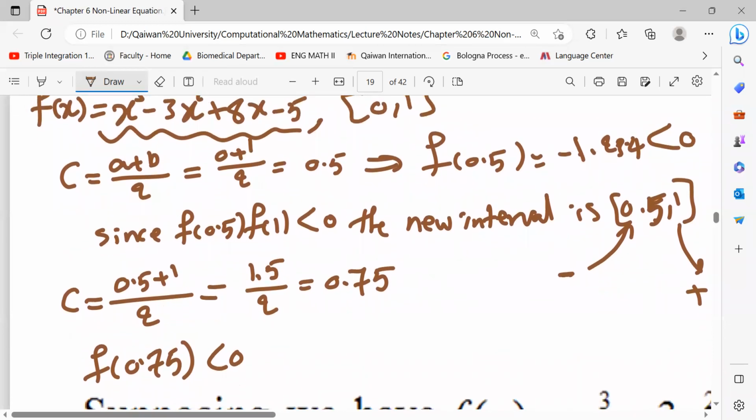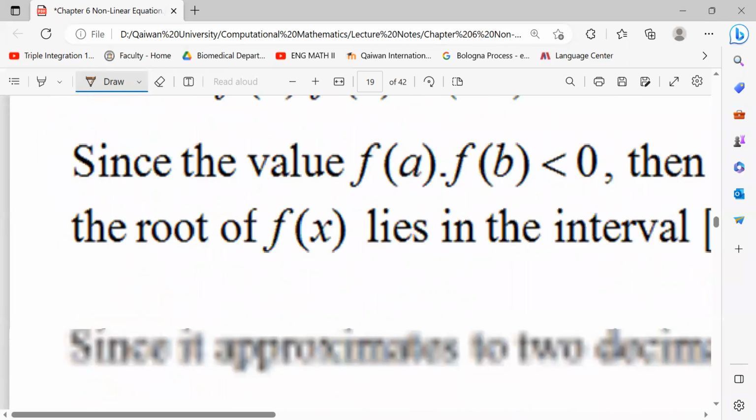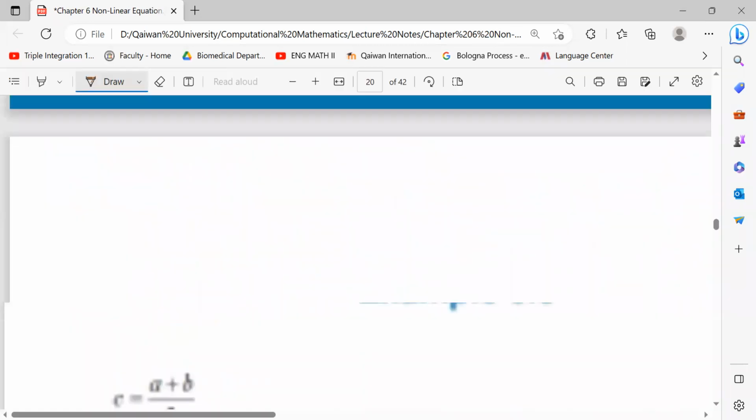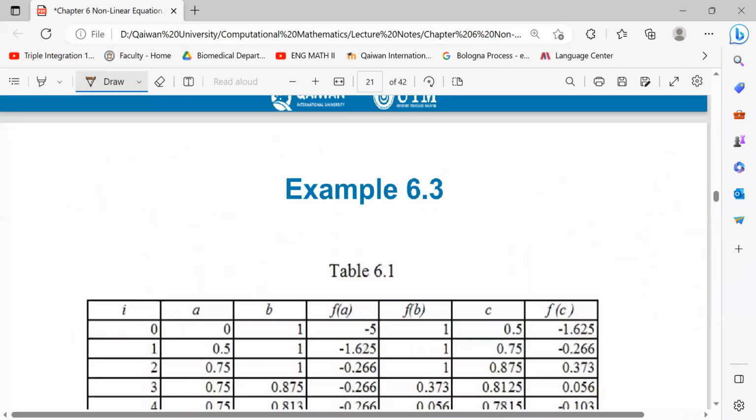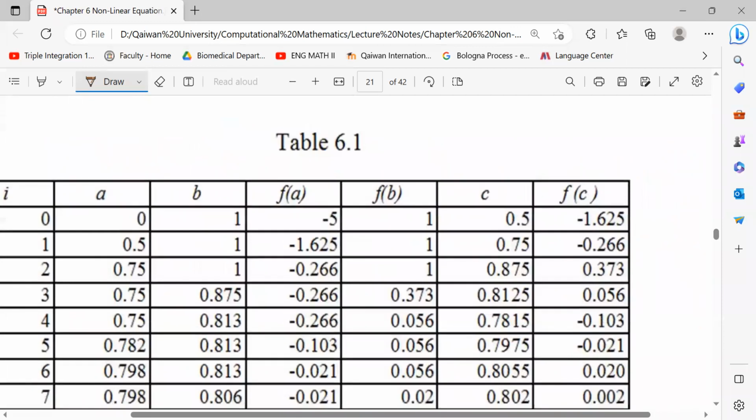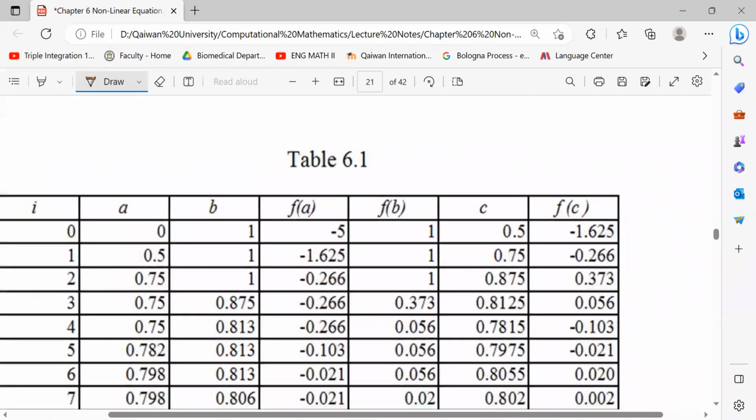It is 0.75 and 1. But if it is positive, our new interval is 0.5 and 0.75. Let's check if it is positive or negative. It is negative.